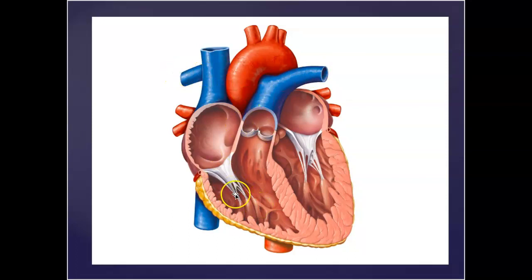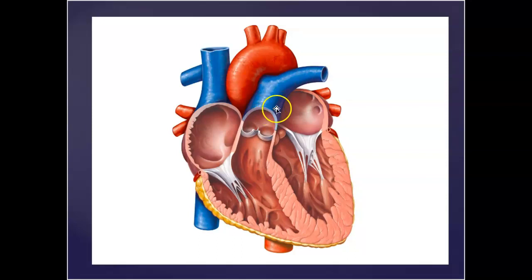But as it contracts, it's going to hold these valves from getting thrown back up into the atria. You can imagine a forceful contraction. If you didn't have something holding those valves down, those papillary muscles with the chordae tendineae, they're just going to push straight back up and let blood back up into the atria. So this is kind of enforcing a one-way flow with that contraction.